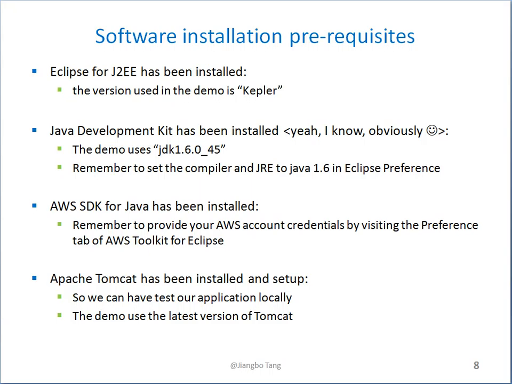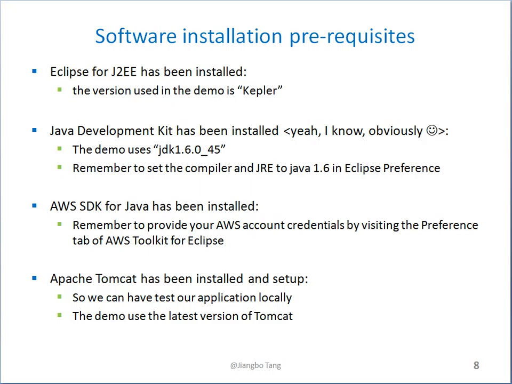I use JDK 1.6.045 right now, and I think you need to use 1.6 for AWS applications for now. Also remember to set the compiler compliance level to Java 1.6 in the Eclipse preferences. I will show that when we go into the demo.